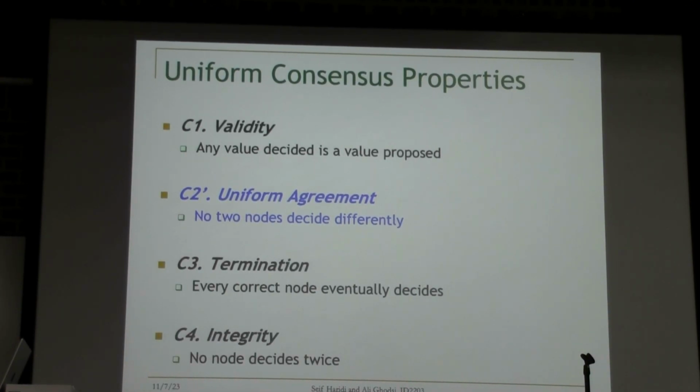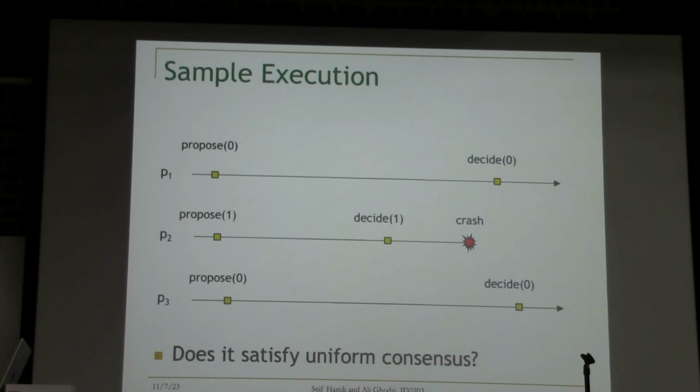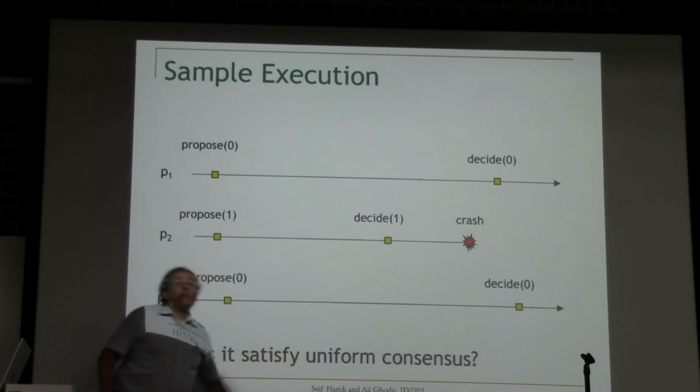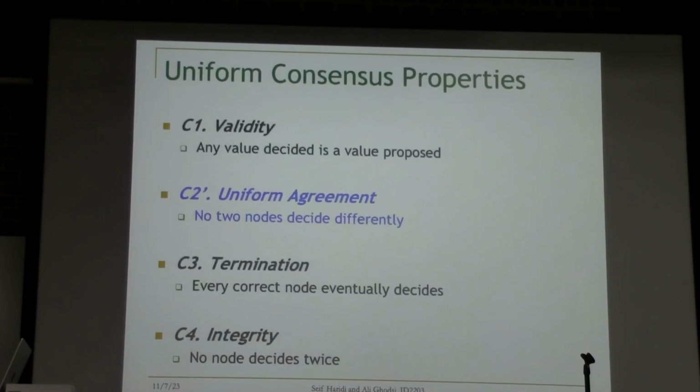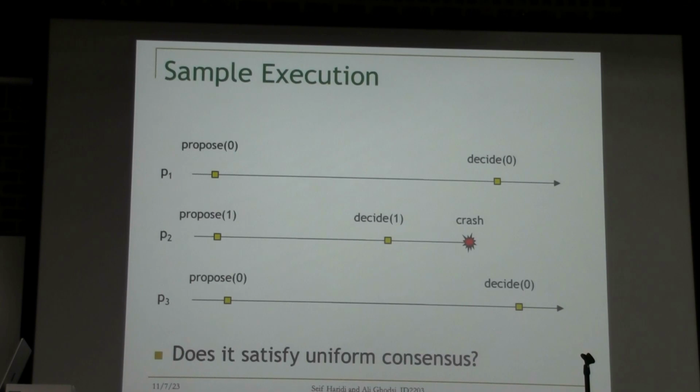So what about this execution? The same one as before. Does this satisfy uniform consensus? What do you think? Remember, agreement is no two nodes decide differently. Does this one satisfy uniform consensus? Yes or no? I want one bit of information from you guys. It's not much, huh? No. Why not?